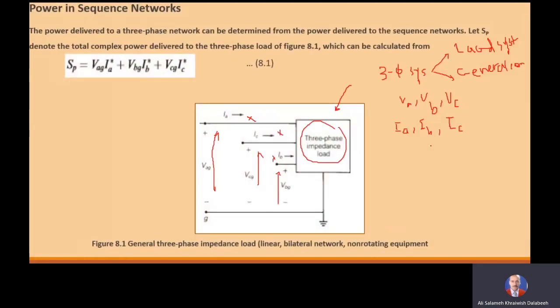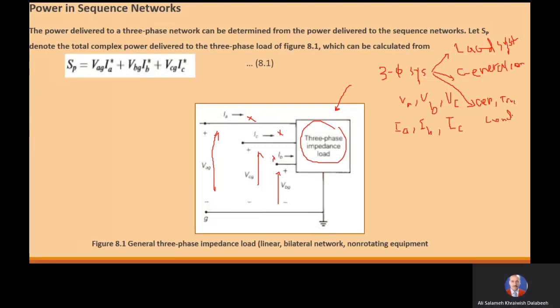Okay, and also the system may be a faulted system which has generation and a transmission system and the load.